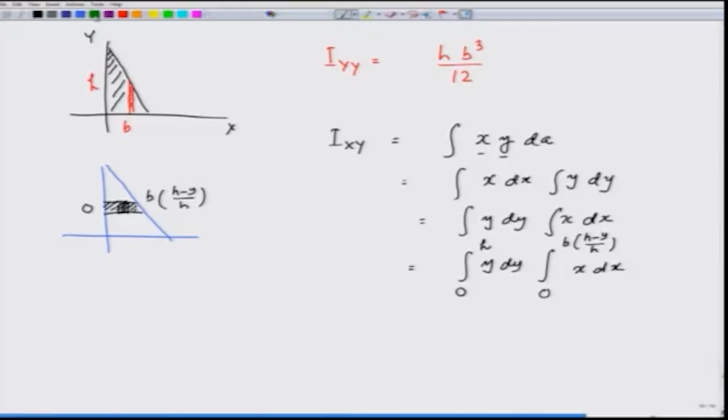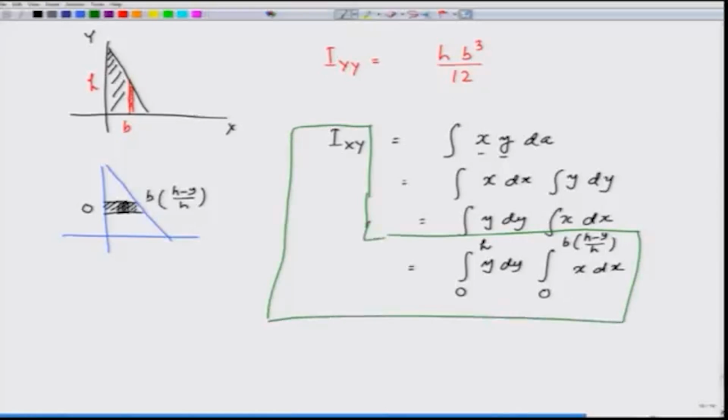So, let me box this. For a given y, x varies from here to here, which is 0 to b times h minus y over h, and then y varies from 0 to h. You calculate this, I will let you do the integral. This comes out to be b squared h squared over 24.